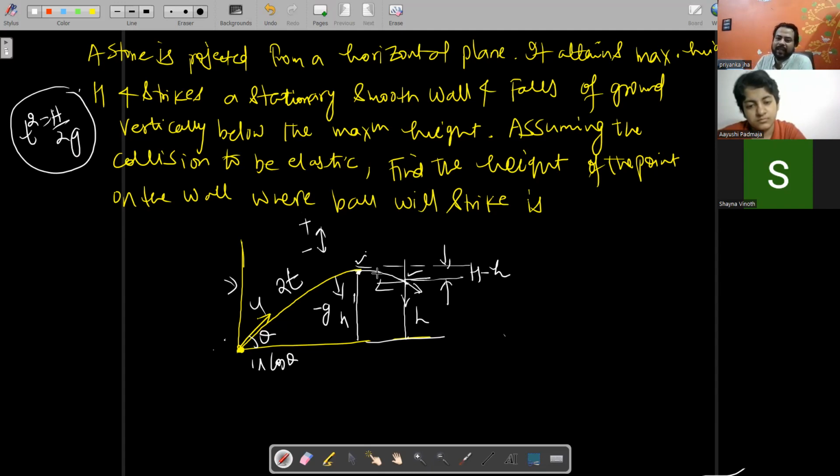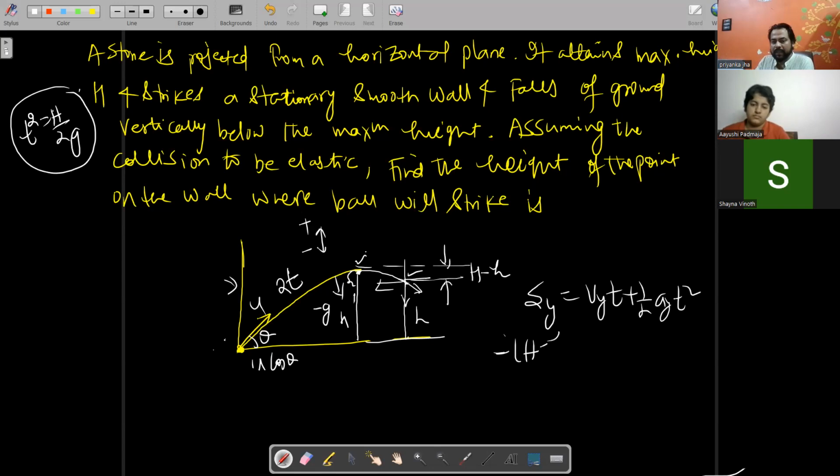Now we know that in this journey it has taken t time. So I'll apply Sy equals Uy into t plus half Ay into t square. The displacement is downward, so minus (H minus h). The initial velocity here has no vertical component, so this will be 0 plus half g, which is minus g, into the time taken, small t.